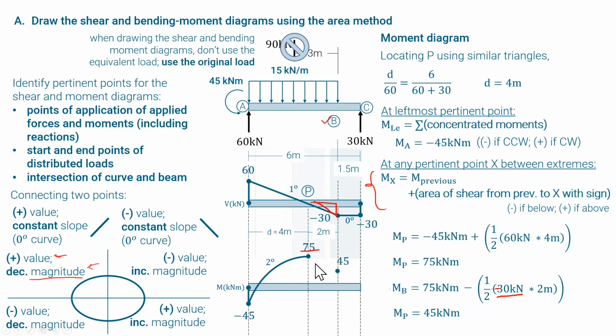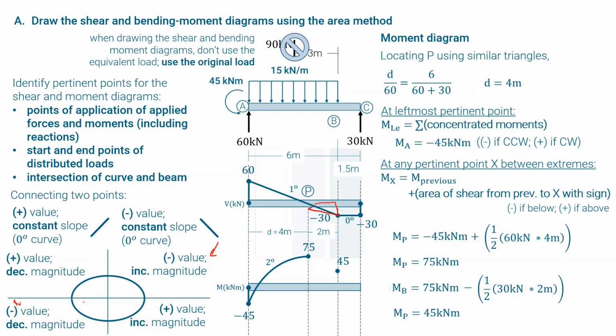So yung next mong problema is paano na i-connect. O gagamitin natin yung guide na to. So using this guide, i-observe muna natin yung value ng shear diagram. So this triangle here, okay, is below the beam. So that's a negative value. So it's either this one in this quadrant or itong quadrant na ito na nasa baba.